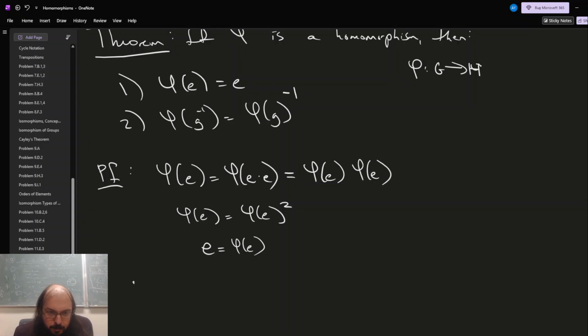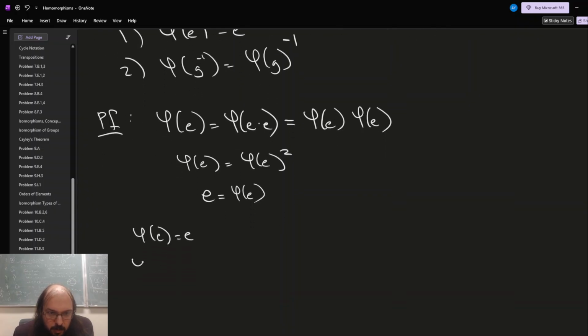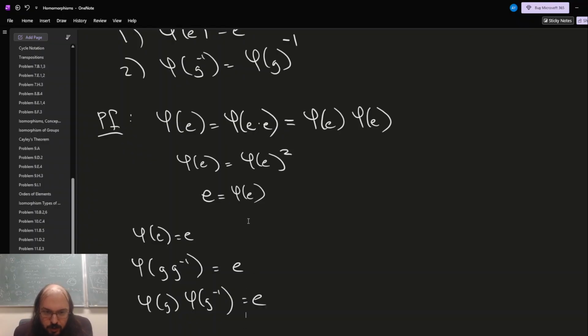For the second part, since phi of E equals E, how about we then take this E and replace it with G G inverse? Well, here I have phi of G times phi of G inverse equals E. And now solving for phi of G inverse, we get phi of G inverse equals phi of G, inverse, multiplying by the inverse of this guy on the left so that it goes over to the right.